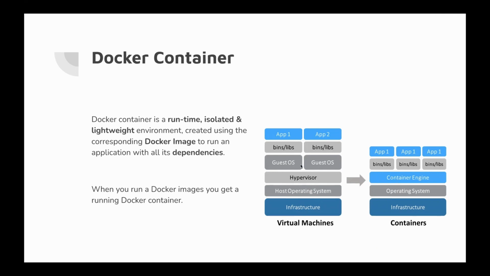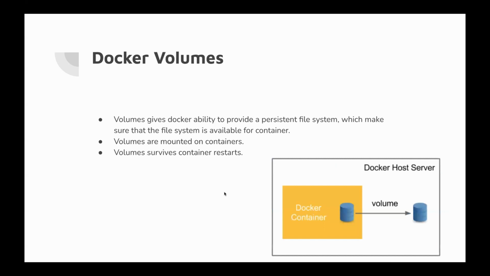With virtual machines, every VM will have its own operating system, its own binaries and everything, and on top of that the apps will live. But in the case of containers, it will only have the binaries and files in the operating system required to run that particular application, so it will be lightweight. Also, when you run a Docker image, you get a Docker container. Small thing.